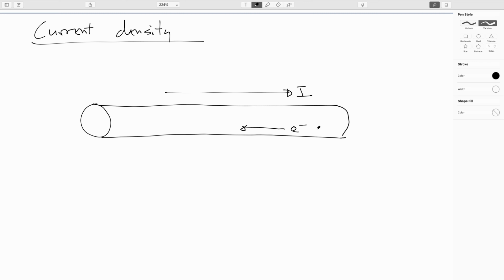But either way, if we're trying to characterize this current, the way to think about this is to imagine that we stand here by some chunk of the wire right here. We're just standing right here with our stopwatch in hand. And we are going to count the amount of charge that goes by in some amount of time, delta t.